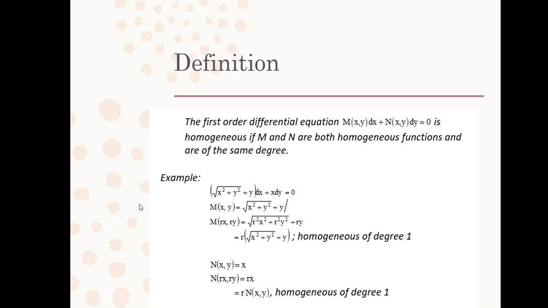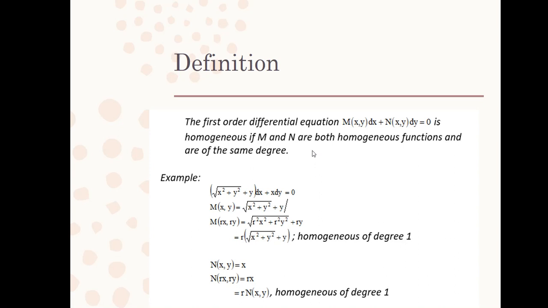So let's say, for example, we are already given a differential equation of the form M of x and y dx plus N of x and y dy equal to 0. Now we say that this particular differential equation in this form is homogeneous if and only if the degree of both M and N are equal, and at the same time M and N are homogeneous.